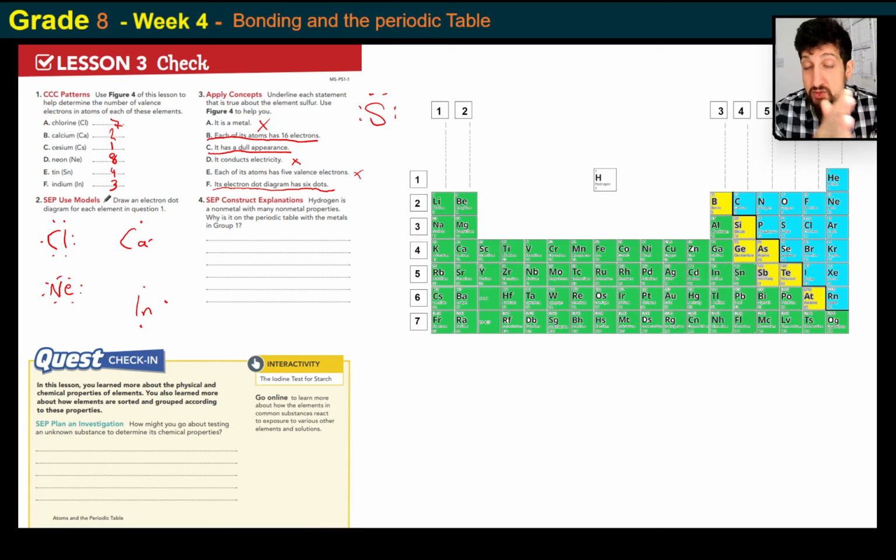Hydrogen is the most common element in the universe. So anyway, why is it in group 1? It has 1 valence electron. It shares chemical properties with metals. It shares physical properties with nonmetals. It's also reactive, similar to group 1 elements. Right, let's keep going.